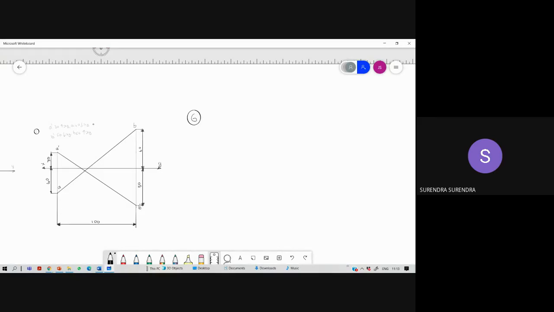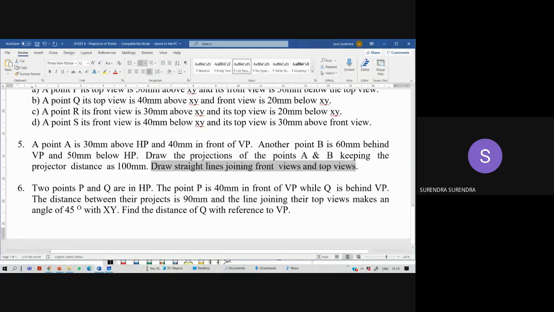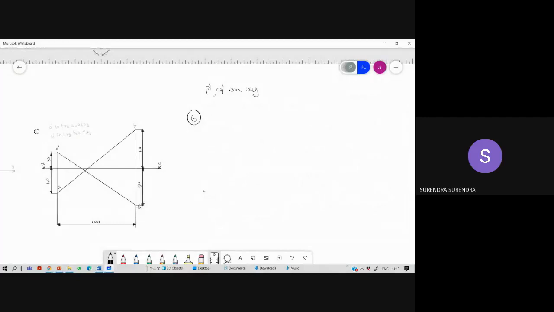So the given thing is P dash comma Q dash on the XY line, and point P is 40 mm in front of VP. Top view relates to VP. In front means it is below the XY line. Point P is 40 mm below the XY line.